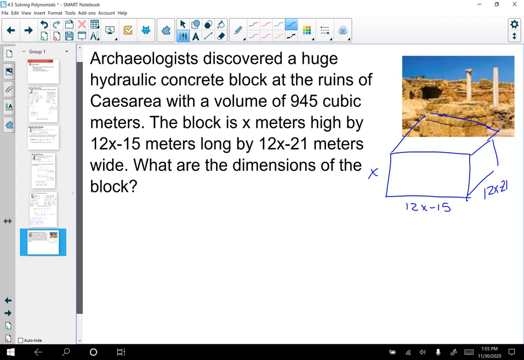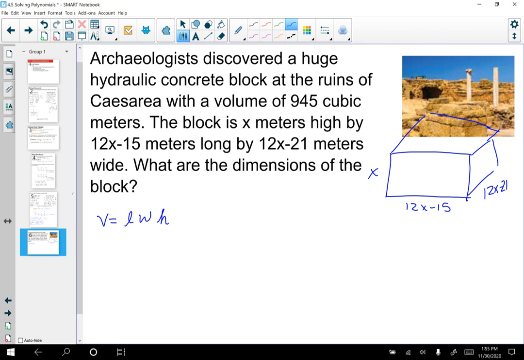Now, if we think back to geometry, this is a cuboid, or a block, right? So a rectangular prism, that's called. And the volume is what we're looking for. They give us volume, and volume is our length times width times height, right?